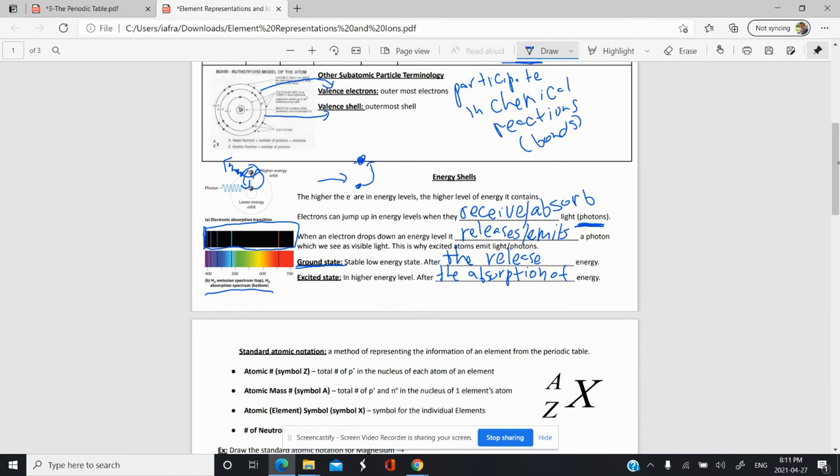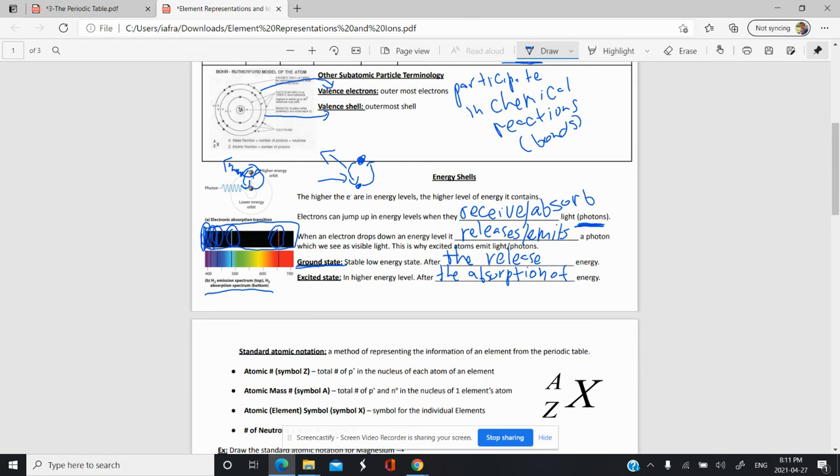When it jumps back down, it's going to release the energy it absorbed in the form of heat, but also light. And so these little bars that you see over here, these are the types of light that electrons released when they went back down to their ground state from their excited state.